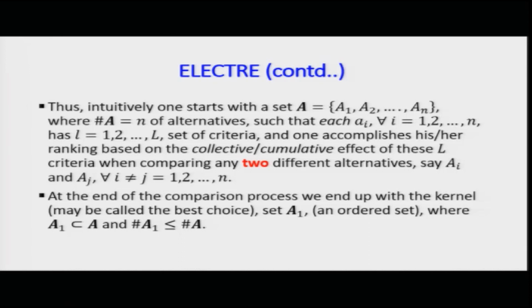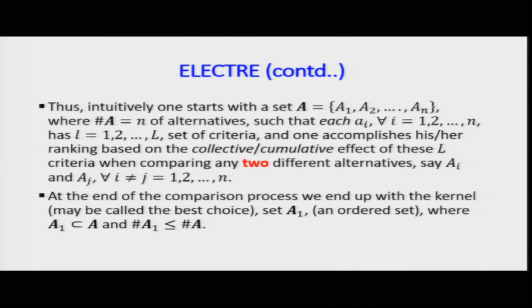So, it says that these 1 to L are the set of criteria and one accomplishes his or her ranking based on the cumulative effect of all these L criteria when comparing two different alternatives one at a time.